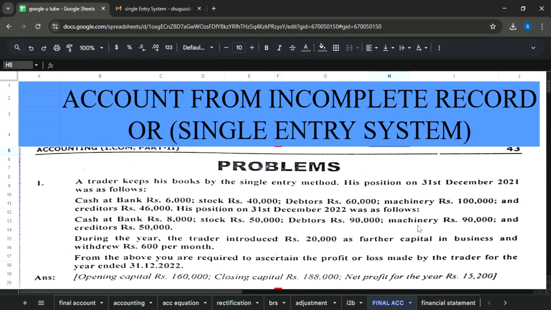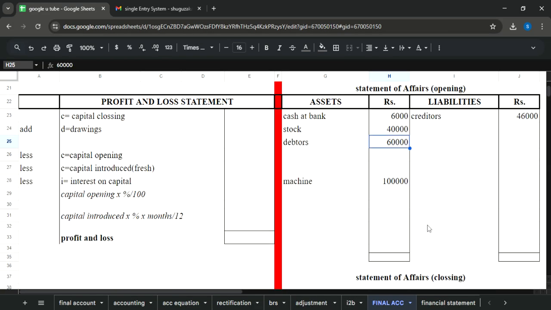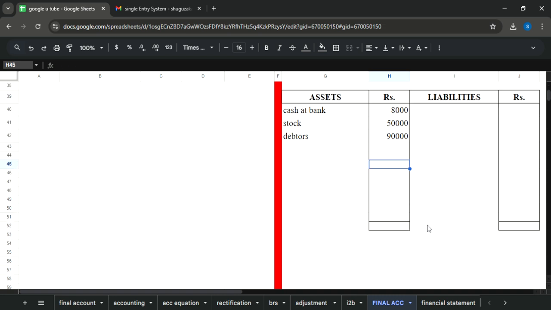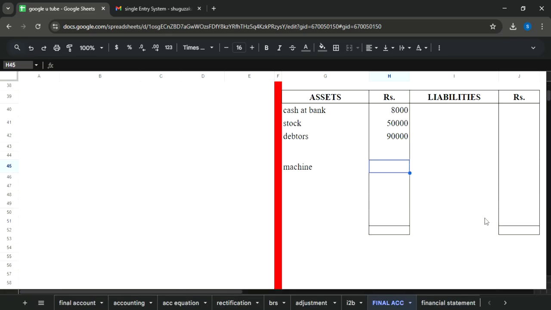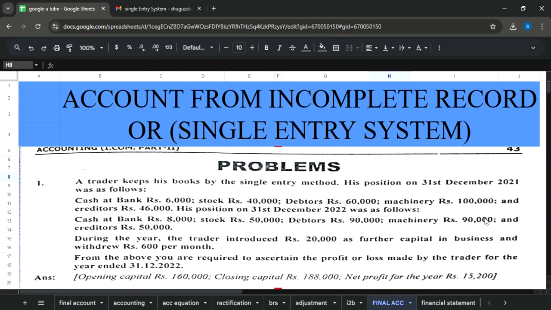Alright, then we have machinery, which is your fixed asset. We will go to the fixed asset side. Machine, the amount of machine present here is 90,000 again. So write it down on the fixed asset side in the closing statement of affairs.